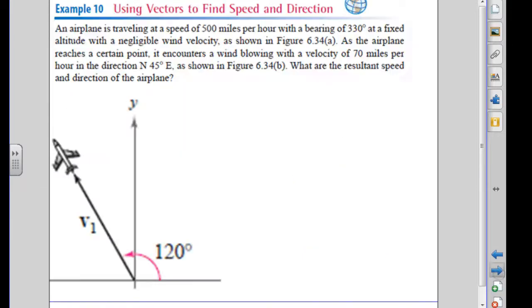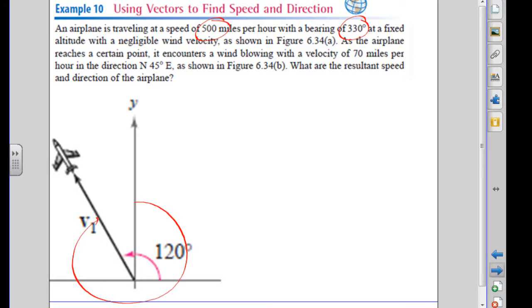So let's take a look at this together in an example. So it says an airplane is traveling with a speed of 500 miles per hour. So think the magnitude of this vector. It's got a bearing of 330 degrees, which we can see from north all the way around is 330 degrees.